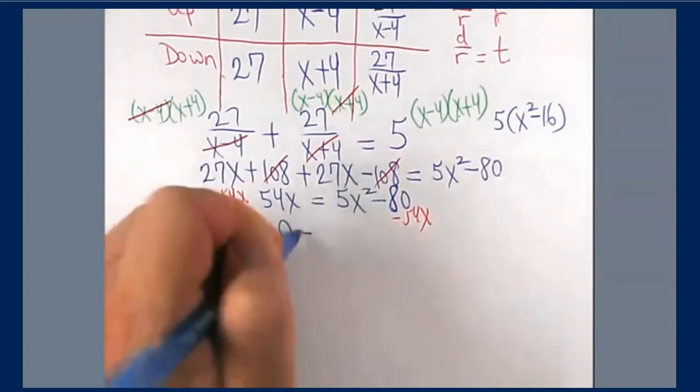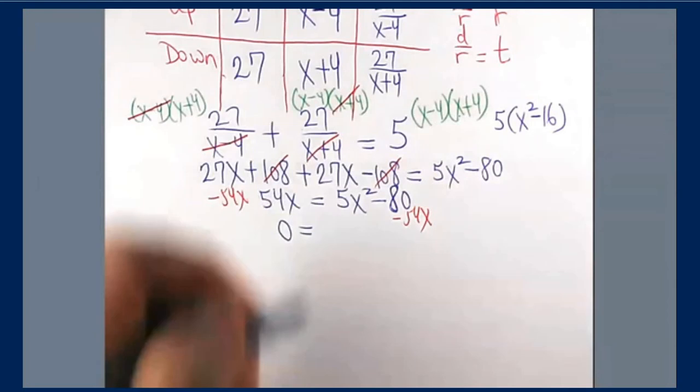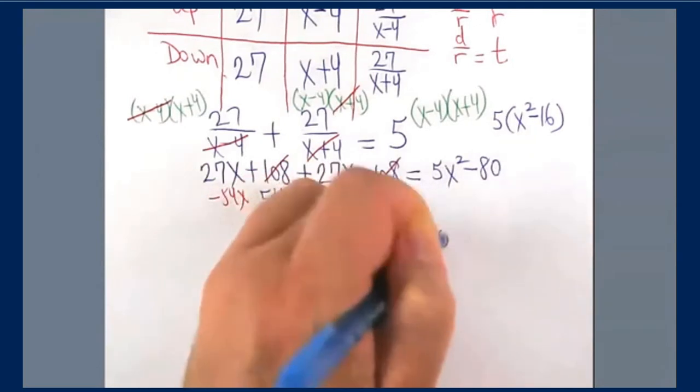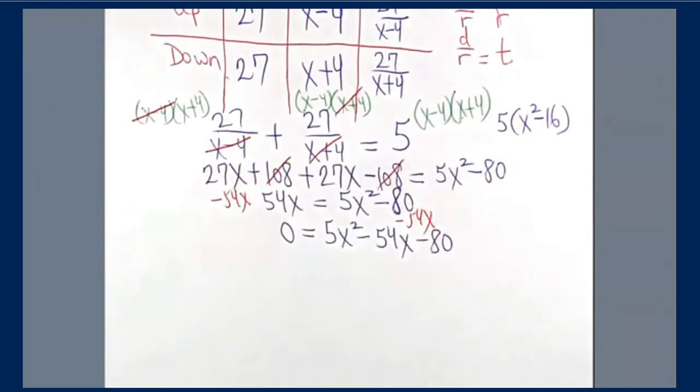On the left side, we have 0 equal to 5x squared minus 54x minus 80. Now, if you tried to factor this quadratic equation the regular way, you couldn't do it. There are no factors where you can break this down into two parentheses. So we have to use our quadratic formula.